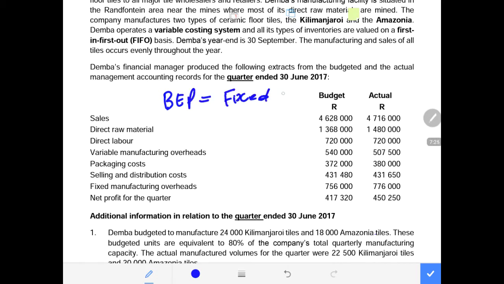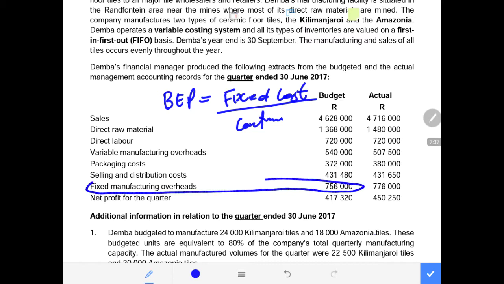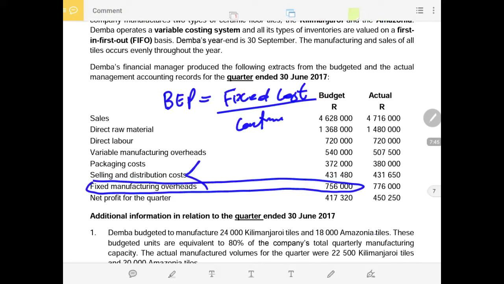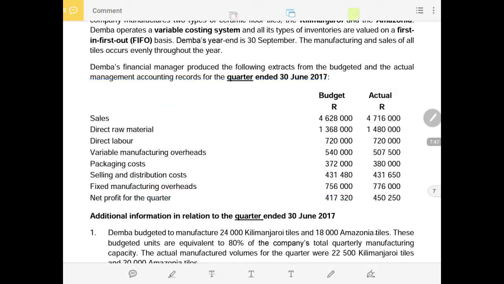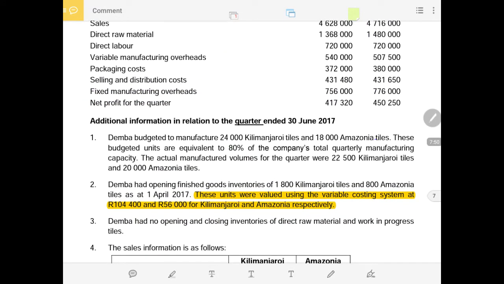We calculate our fixed cost and we say divide this by contribution per unit. So now our fixed cost must be in total. We are already provided with the budgeted fixed cost, which are manufacturing related, but we don't know if there is no fixed component here or not. So now we still need to look for that information and calculate or deal with it accordingly.